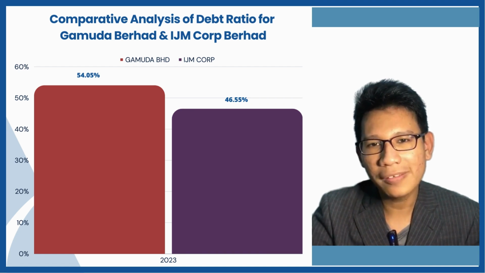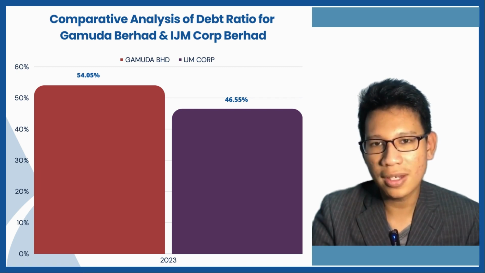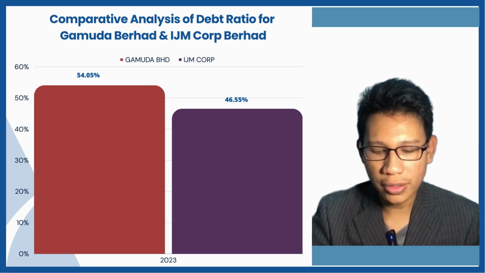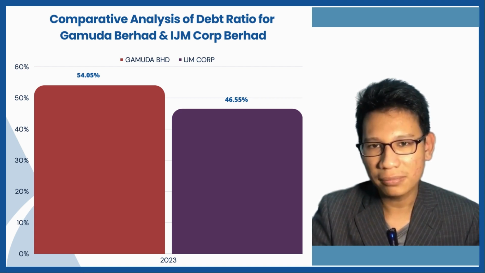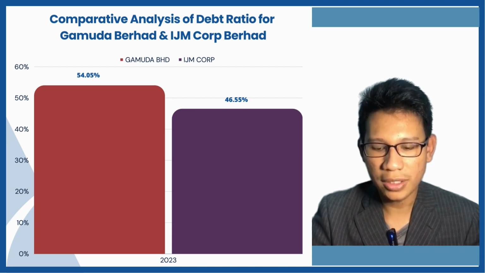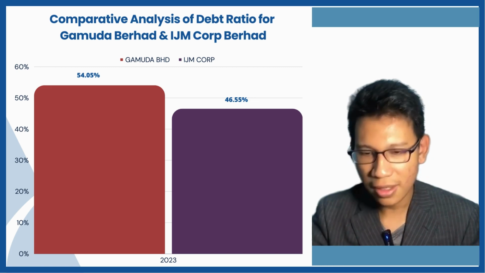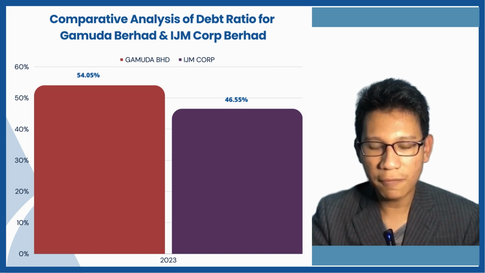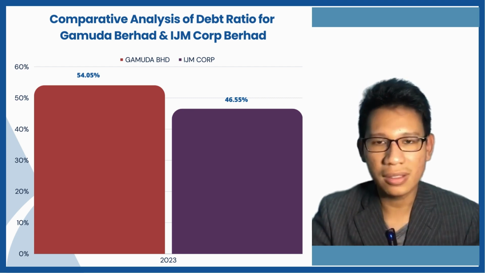Next is the comparison between Gamuda Berhad and IJM Corporation in the year 2023, because it is the latest data that we can get. It showed that IJM has a more positive trend than Gamuda Berhad: IJM has only 46.55% and Gamuda has 54.05%, which is a difference.